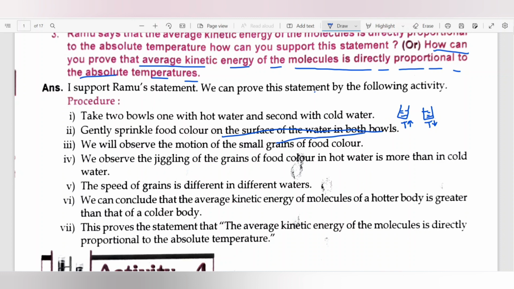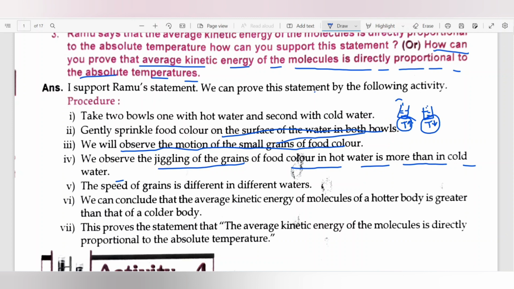We will observe the motion of the small grains of food color. We observe that the jiggling of grains of food color in hot water is more than in the cold water. So the particles of the food color move faster at high temperature, that is hot water, when compared to the cold water.